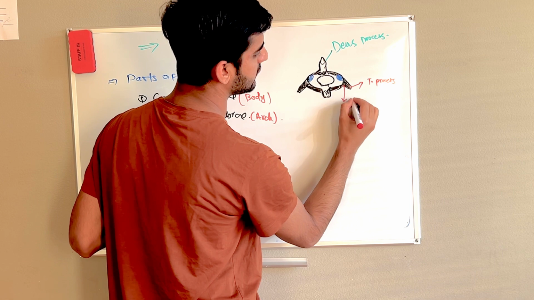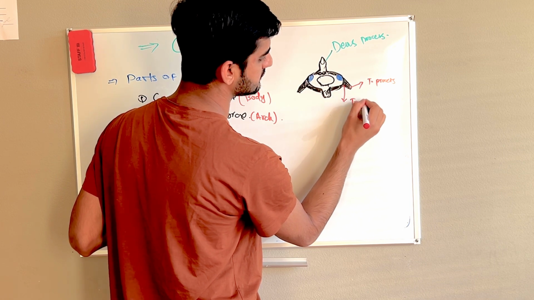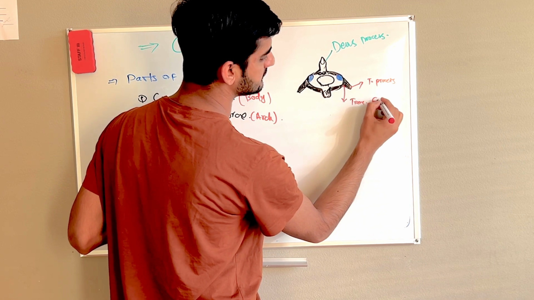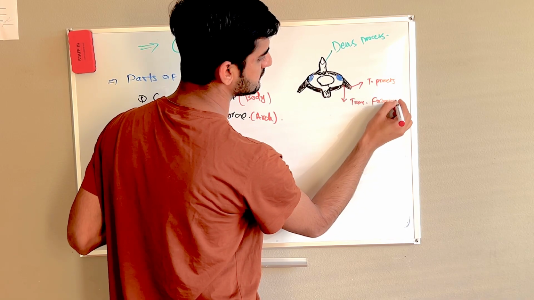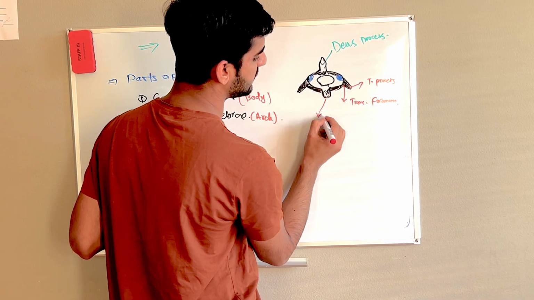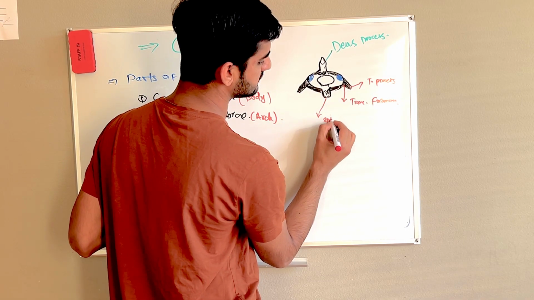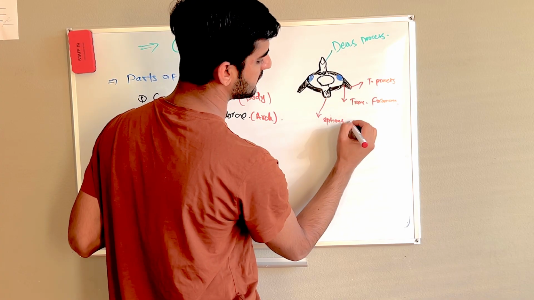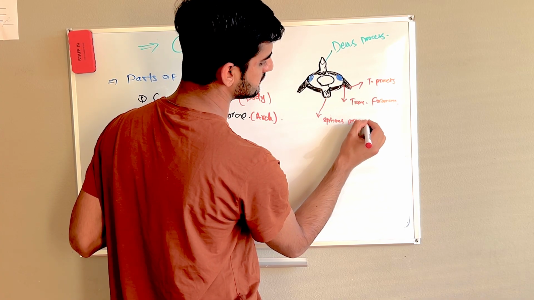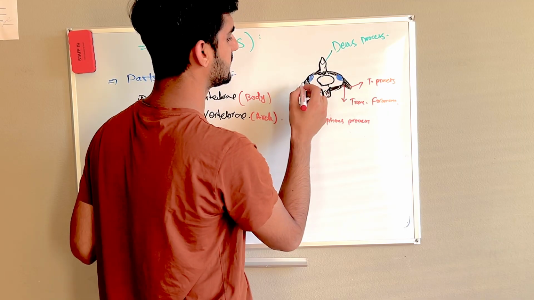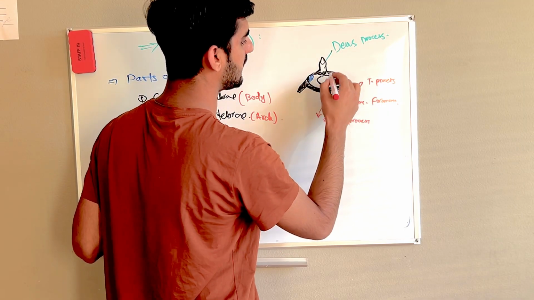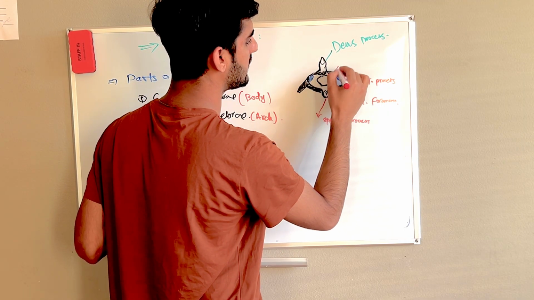We have transverse foramina. Okay, we have spine process, spinous process. And we have vertebral foramina.